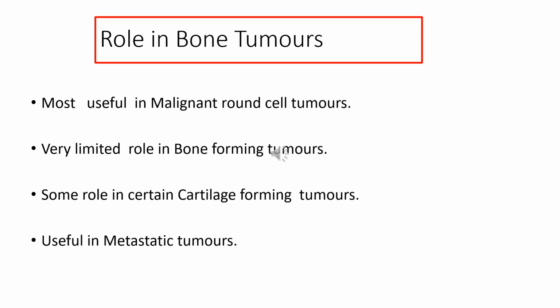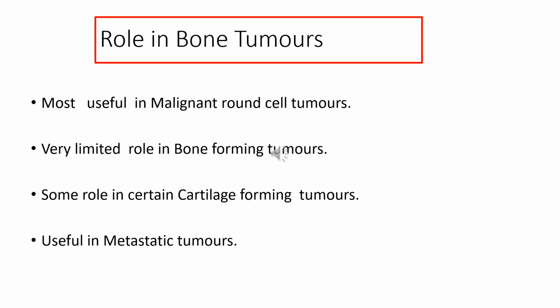Now, as far as cartilage tumors are concerned, yes, there is a role in cartilage forming tumors, which has also been discovered only of late. IDH1 is a marker which is used to differentiate chondroid tumors and chondrosarcomas, which often is a big diagnostic issue.